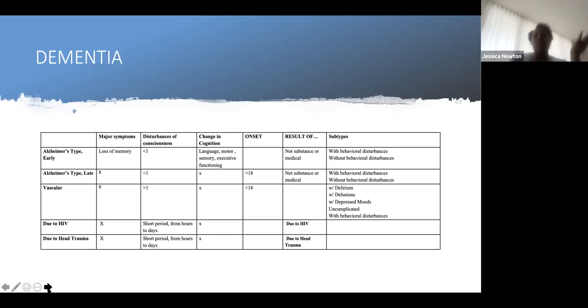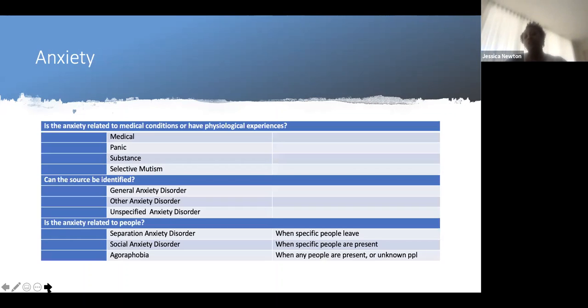And so if we are able to identify that it is a neurocognitive concern, then we can start to move to those particular areas of the DSM and gain more detail. So I'm sorry, guys, we went with delirium and then dementia.